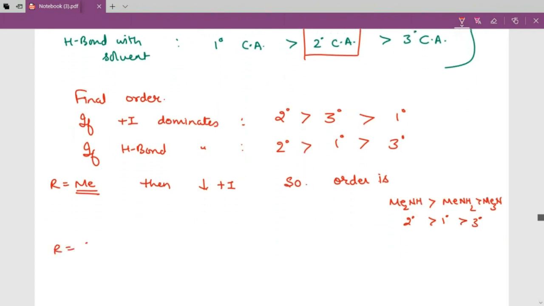If R is ethyl, then the hydrophobic part is increased. Here H bonding is less dominant and plus I is better.